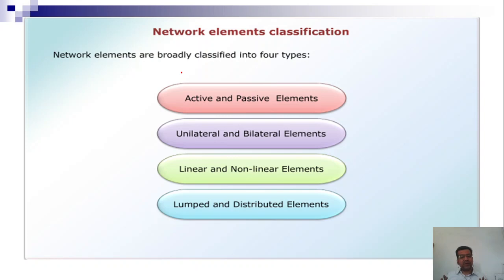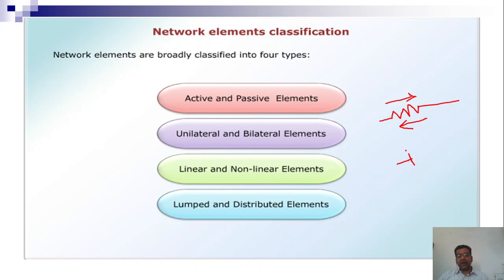Coming to unilateral and bilateral. What is unilateral? Current flows in one direction in an element. If the element allows the current in both directions, we call it a bilateral element. Current can come either way. We call it a bidirectional element. Bilateral or bidirectional, both are the same.